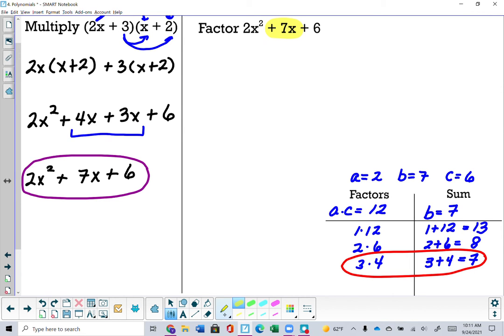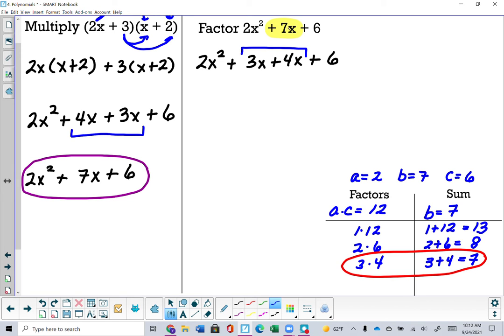Instead of 7x, I'm going to write that as 3x and 4x. So we get 2x squared plus 3x plus 4x plus 6. Now you can see immediately 3x and 4x indeed equals 7x. Perfect.